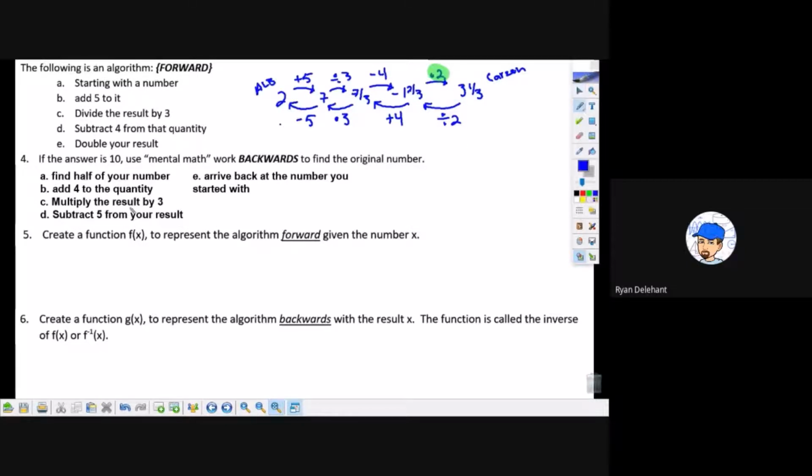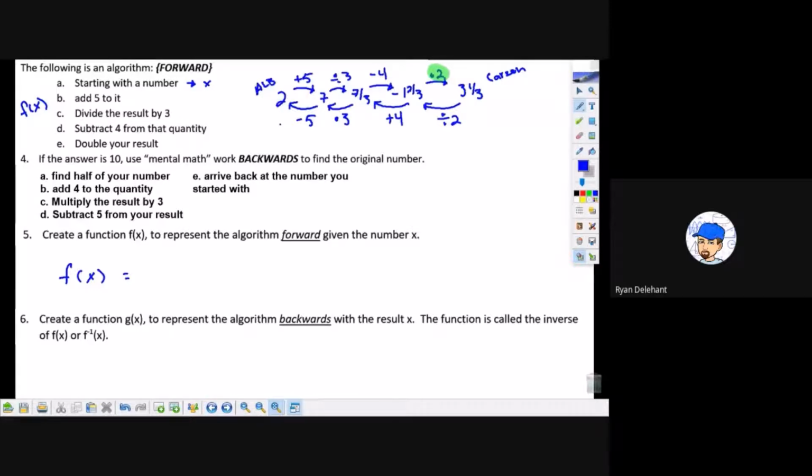So what we want to do, though, is create a function for the forward equation. I want to see its equation, because we're going to be dealing with equations more. So f of x is these steps. What did we do to x? We started with a number. Anytime you see start with a number, pick a number, any number.